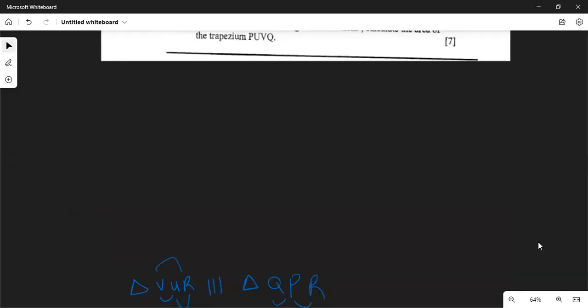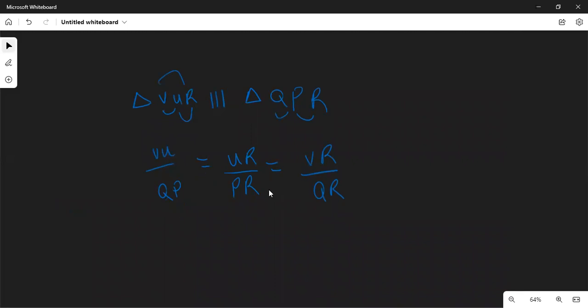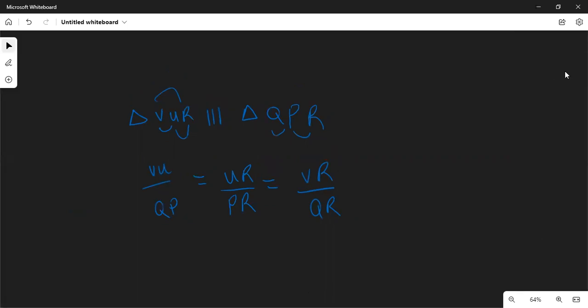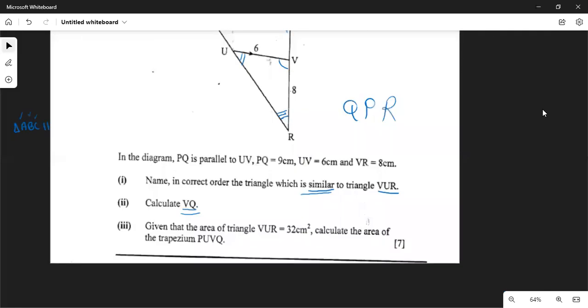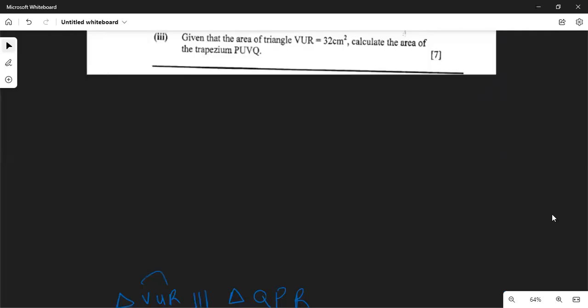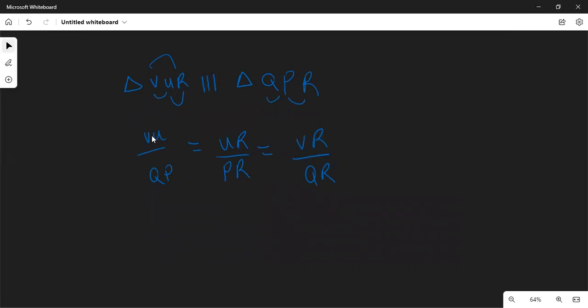PQ, which is 9, which is this part here. And VU is the same as UV, this one that we are given, which is 6. So it's going to be 6 over what? 6 over 9. Because we've got U here, so it's going to be 6 over 9. Those are true for VU, which is UV over PQ, which is 6/9.